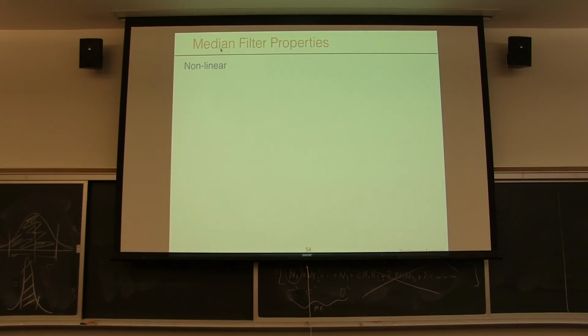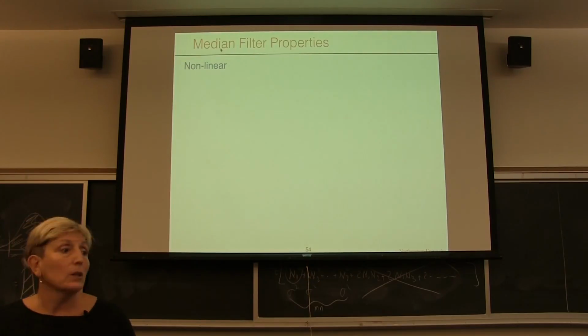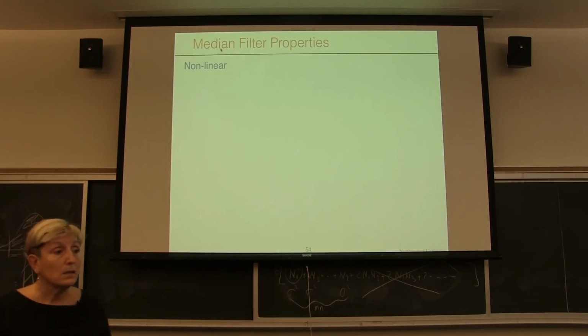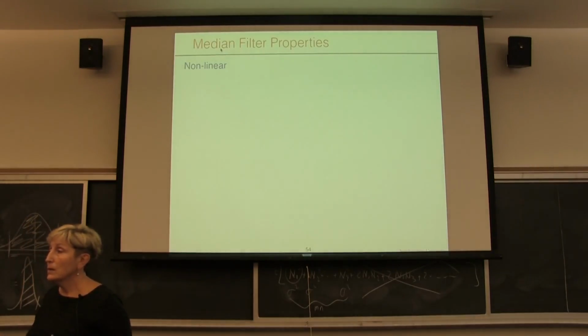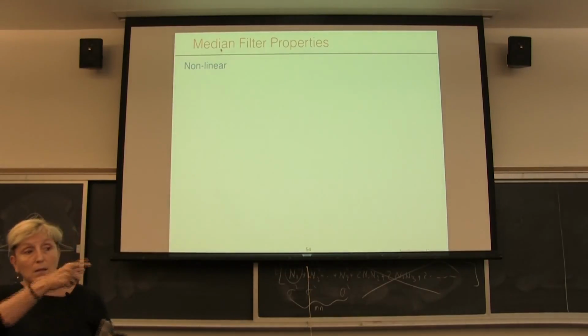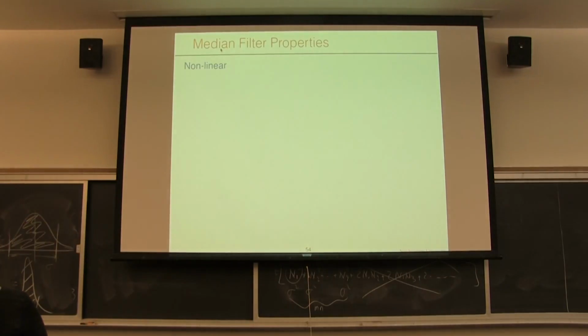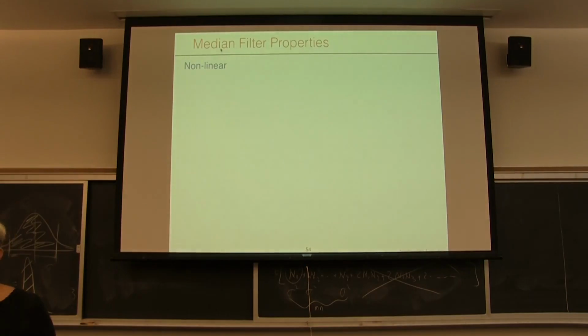And why is being nonlinear bad? You can't represent it with matrices. Another thing is that the order matters, so I have to be careful how I apply my filter.